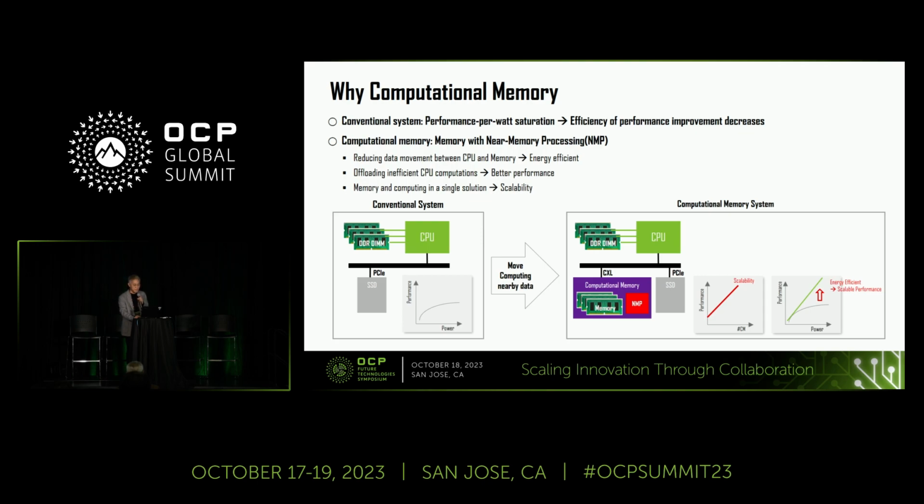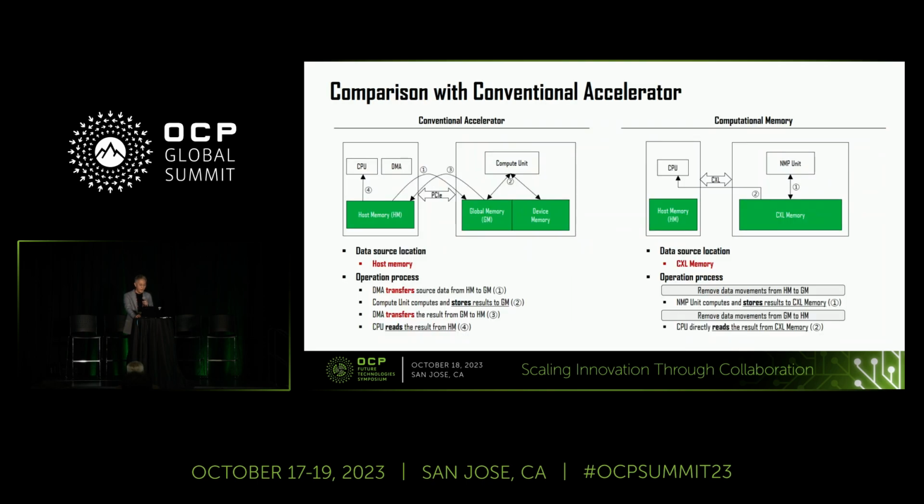This approach aims to decrease data movement between the CPU and memory by offloading workloads that are inefficient for the CPU. Our focus has been on identifying workloads with low locality, comprised of simple instructions, and those that are memory intensive. In this slide, I illustrated the key difference between computational memory and conventional accelerators, but please let me skip this slide because of time limit.